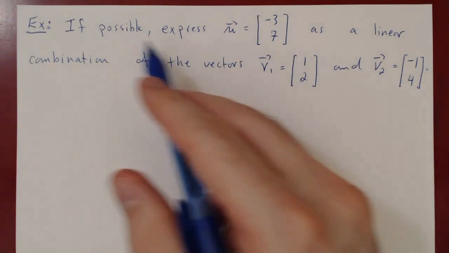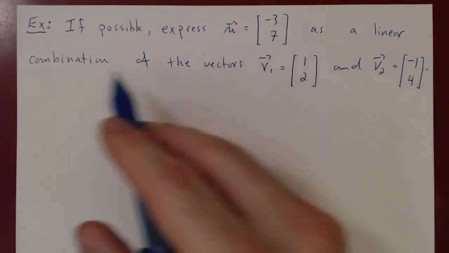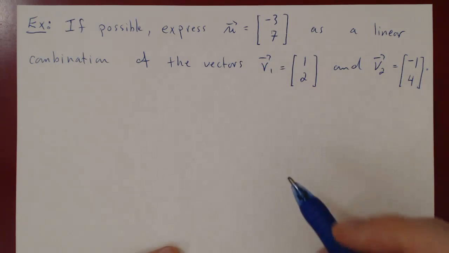So here's the problem. If possible, express the vector u as a linear combination of these two vectors.